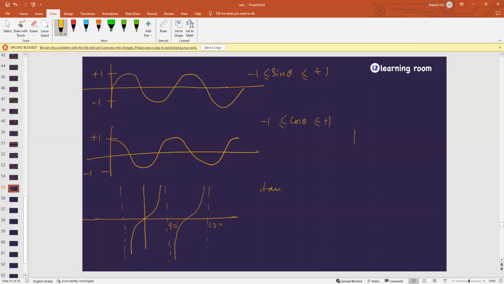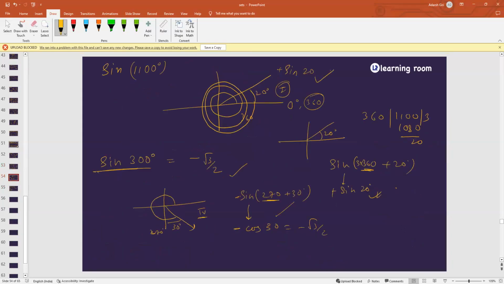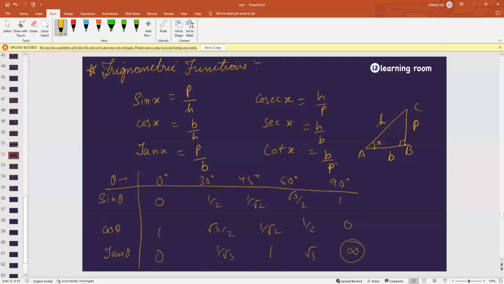Then we have the cot curve. The cot curve is just the reverse of it. It is something like this. One more thing: cot is undefined at 0 degrees. Because see here, tan of 90 degrees is infinity, so cot of 90 degrees is 1 by infinity, that is 0.